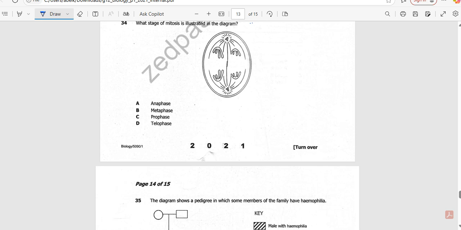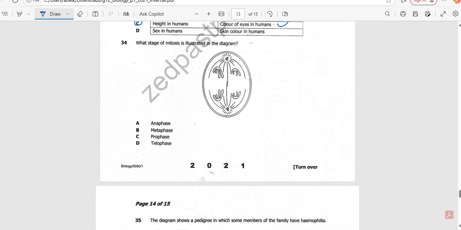What stage of mitosis is illustrated in the figure? Under cell division, mitosis and meiosis, this one has only one stage, the other one has stage one and stage two. So we have what you call PMAT: prophase, metaphase, anaphase, telophase, and also cytokinesis.